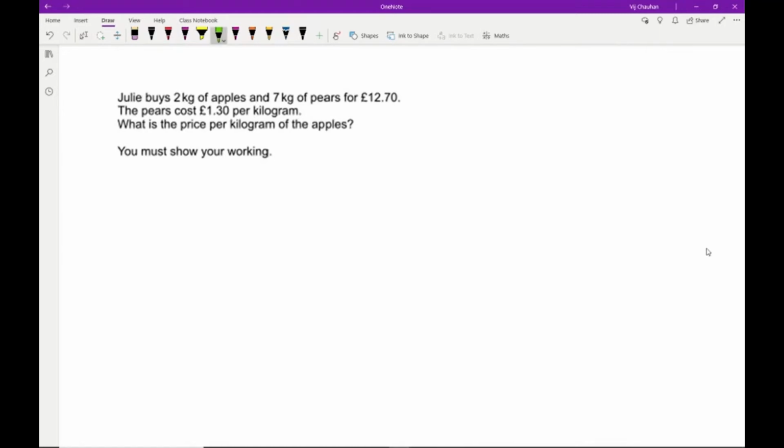First of all, let's write this down as an equation, or a formula I should say. We've got 2a plus 7p equals £12.70. We know that p equals £1.30, so I need to work out what the pears are going to cost.